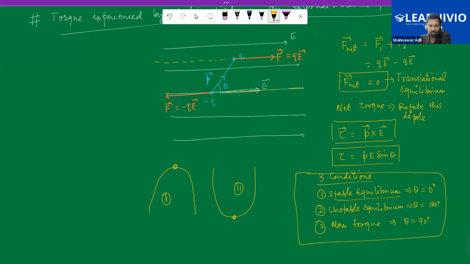The first one. If I move this bead, it will go down, oscillate, and then come down. So it will come back to its initial position.